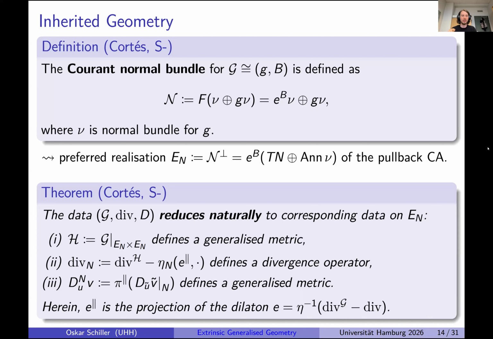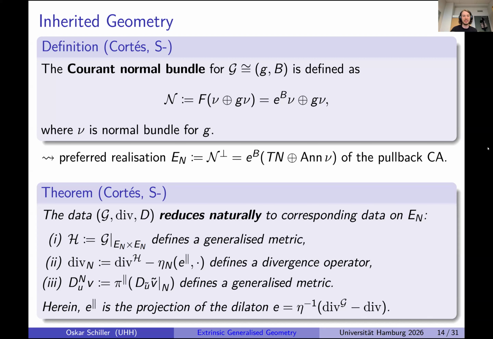Or not a normal vector, only if it's a hypersurface. Otherwise, of course, you insert an orthonormal basis for the normal bundle into this volume form, and you get a volume form over the submanifold. This is then the divergence operator associated to the divergence operator that we define here. That is the motivation for that definition.